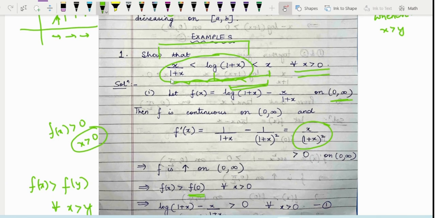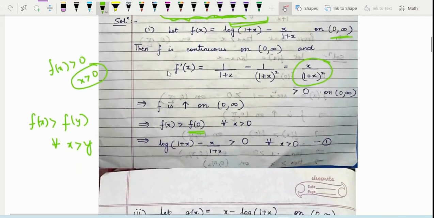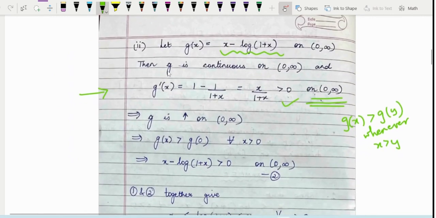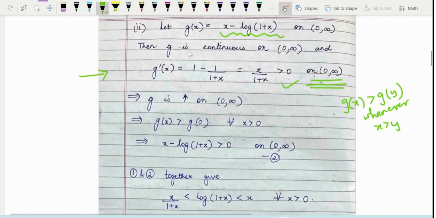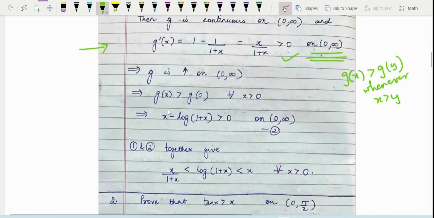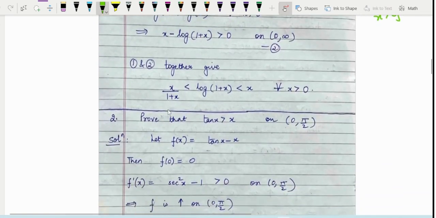But since positive is the general convention used everywhere, it's always a good idea to take the side which is leading to the positive expression, call it f(x) or g(x) respectively, show the derivative of that expression to be positive, and then use the strictly increasing, strictly decreasing definition in terms of inequalities to get the desired inequality. So 1 and 2 put together give you the desired conclusion.